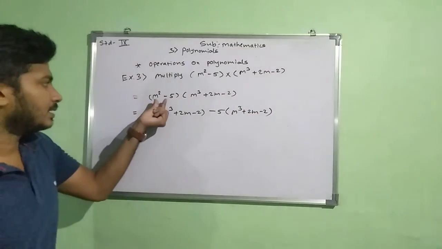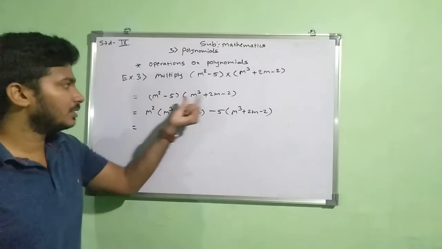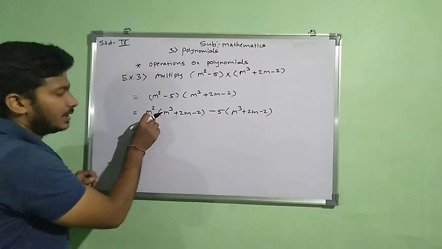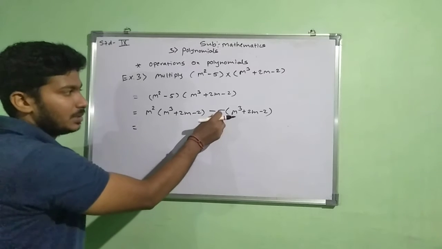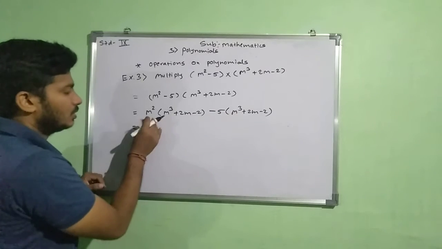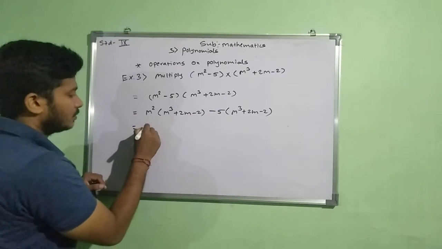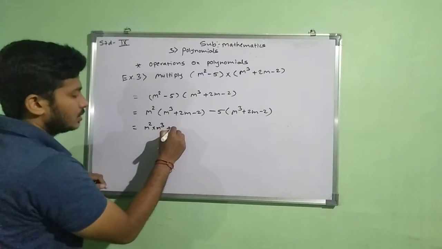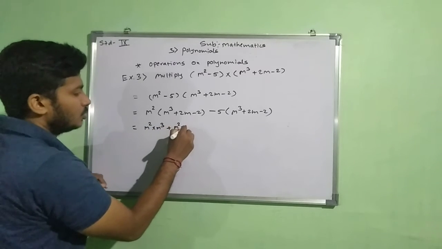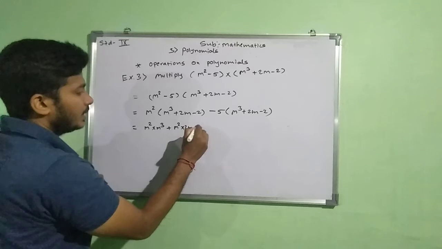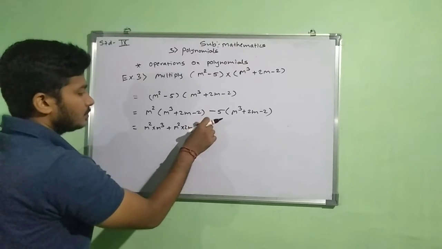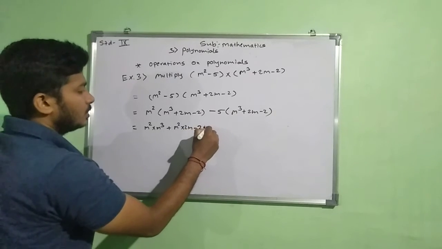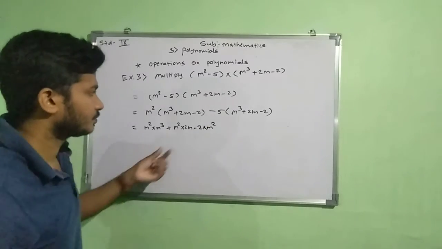We have multiplied both the terms separately with the same bracket. Now we will multiply that m square inside the bracket. Similarly, that minus 5 inside the bracket. So we will multiply m square and m cube, plus m square into 2m, minus 2 into m square.